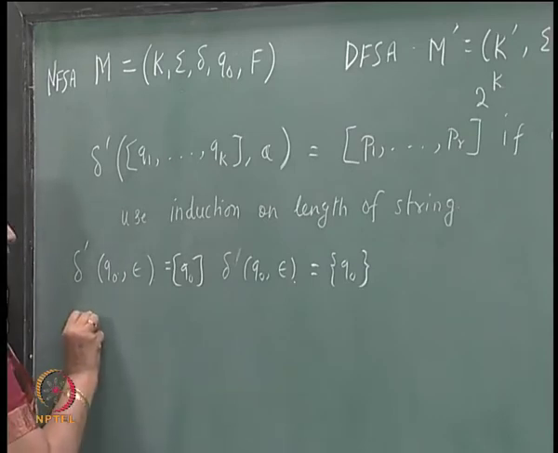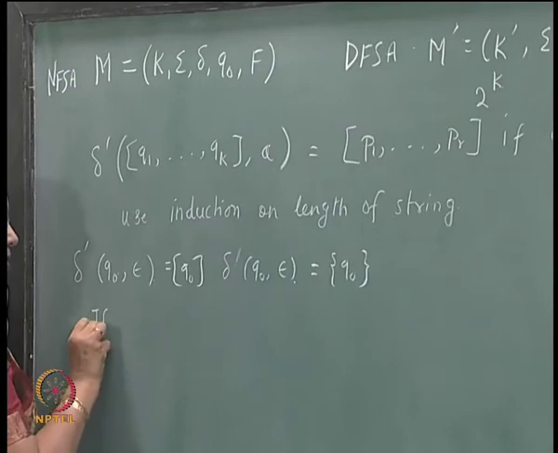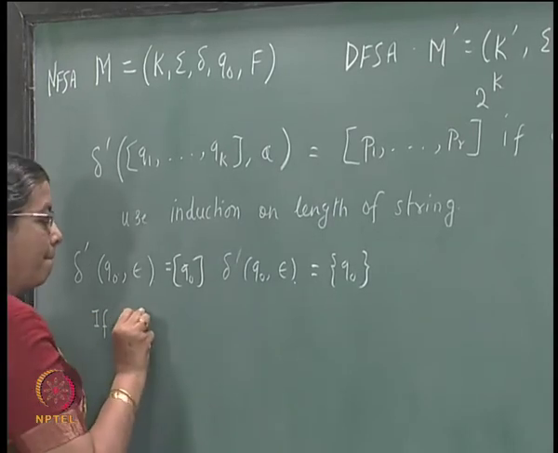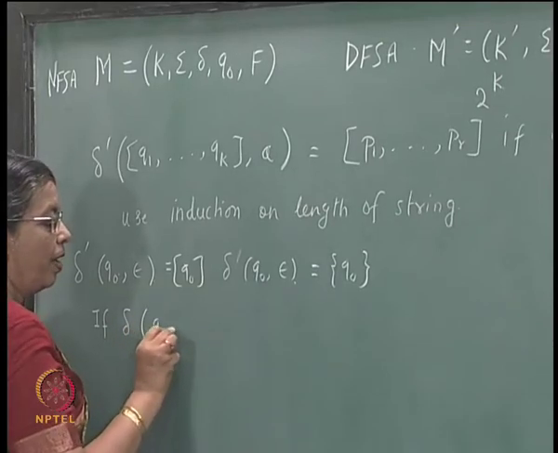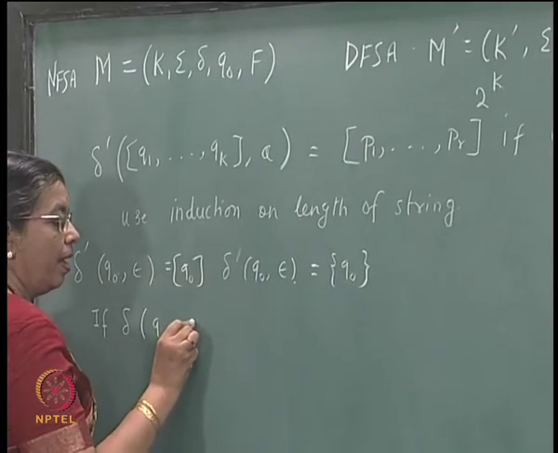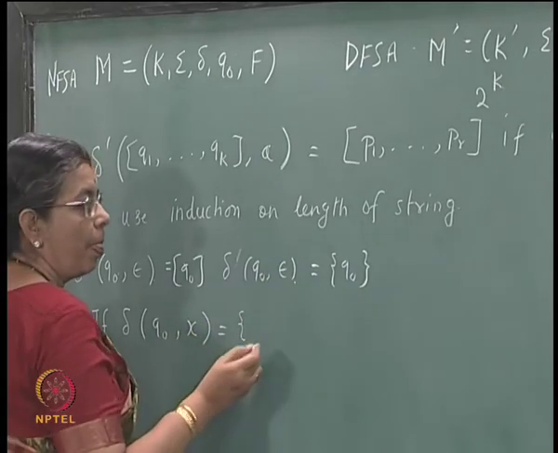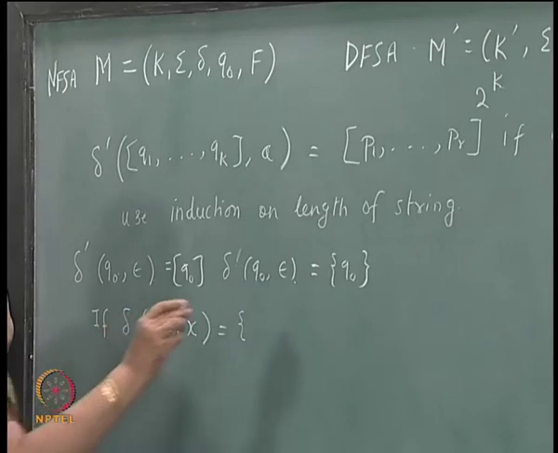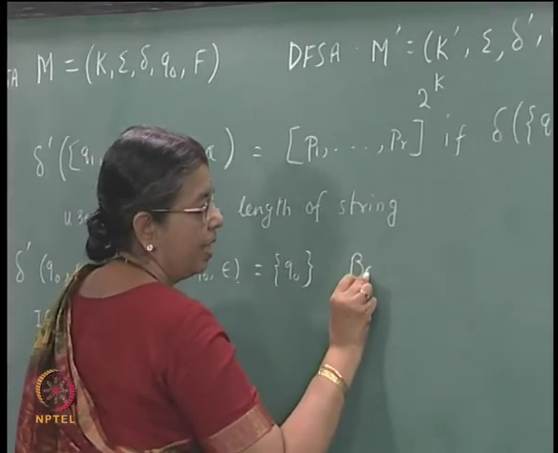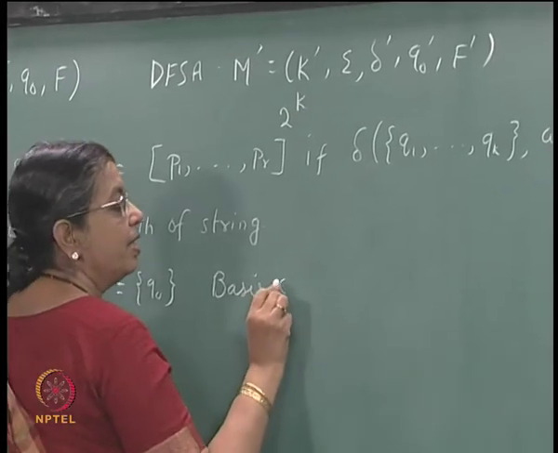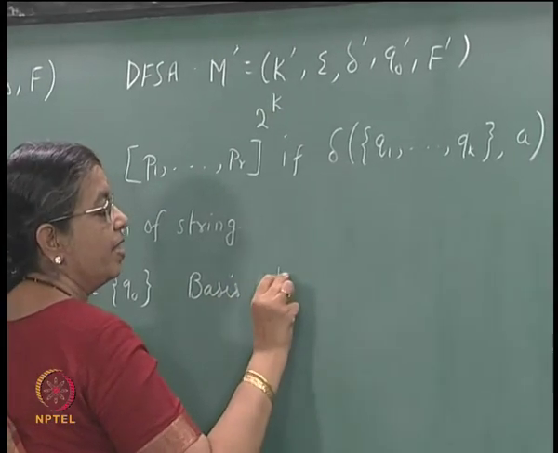So, for strings of length 0, this is the basis case, you consider strings of length 0.